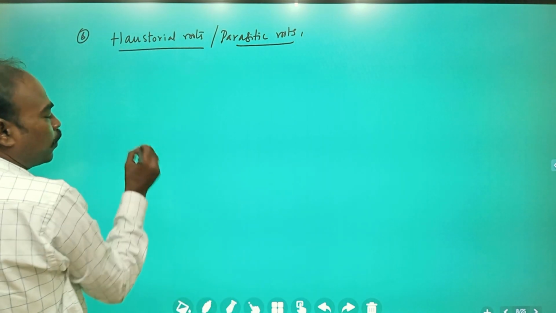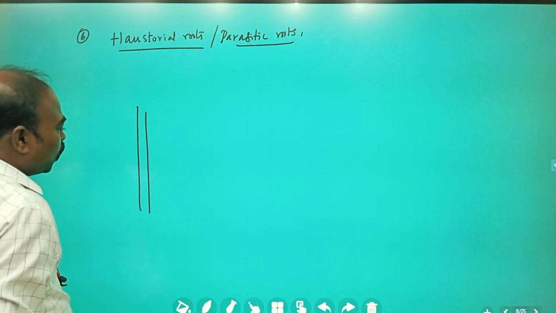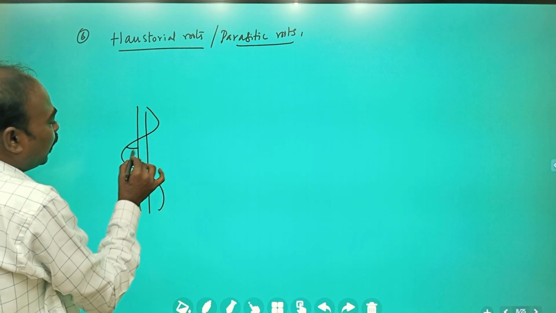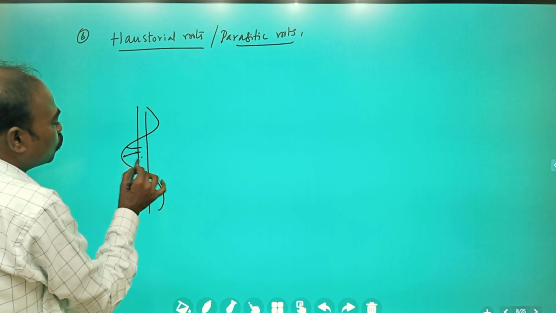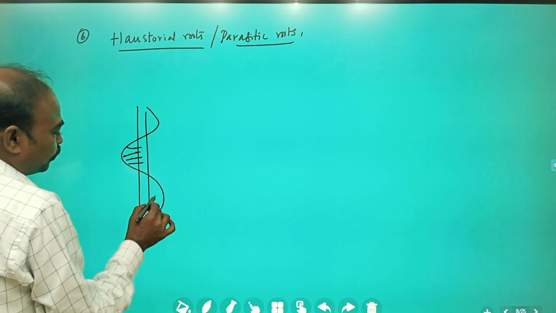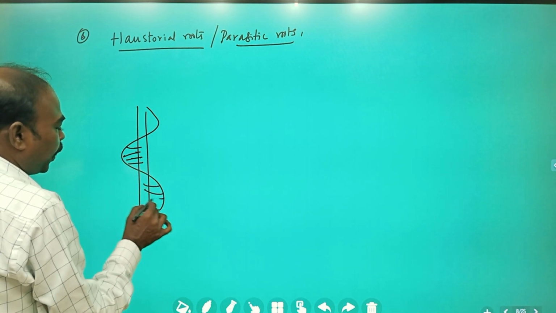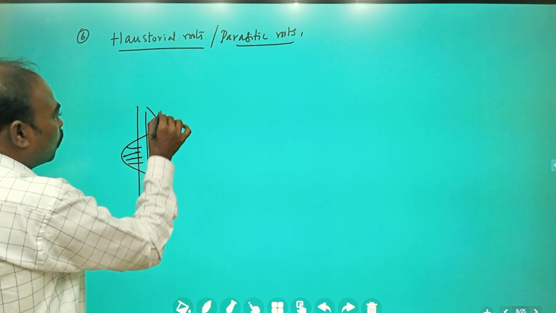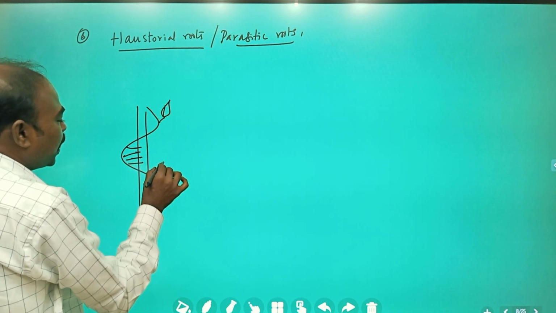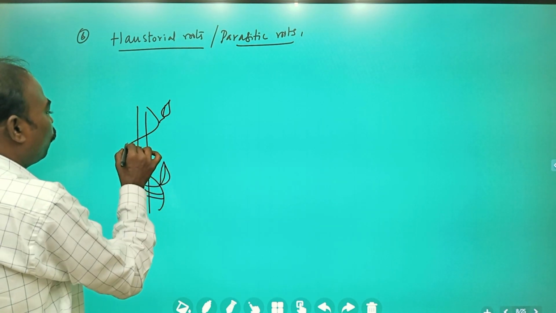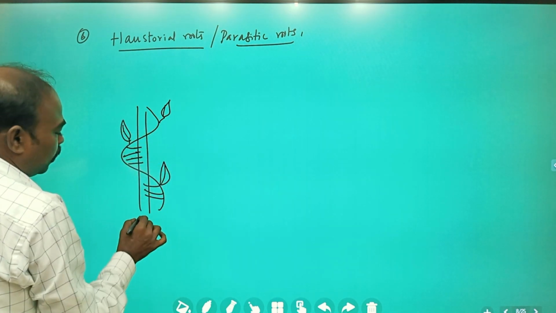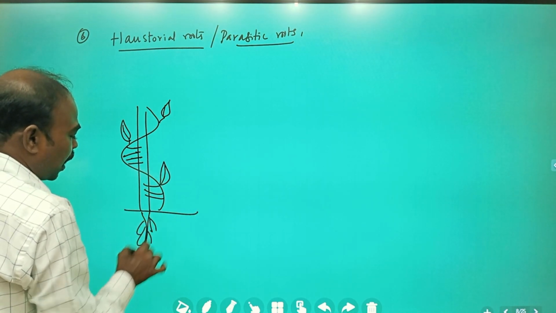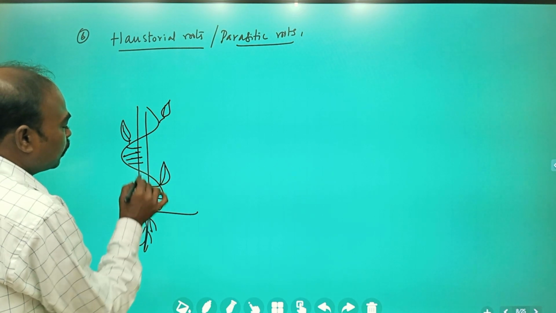Here, the roots of some plants penetrate into the host plant and get food from the host plant. Some parasitic plants derive food as well as water from the host plant.